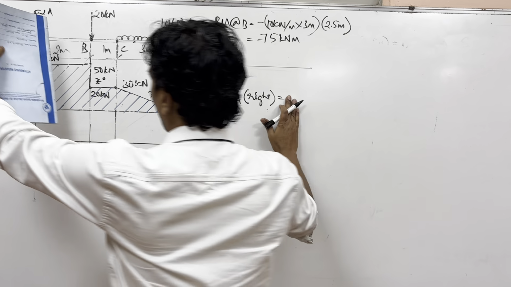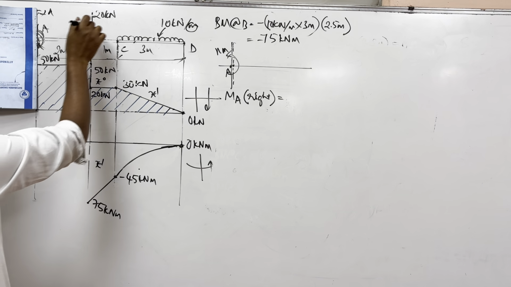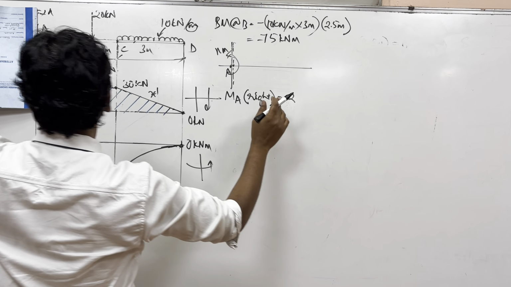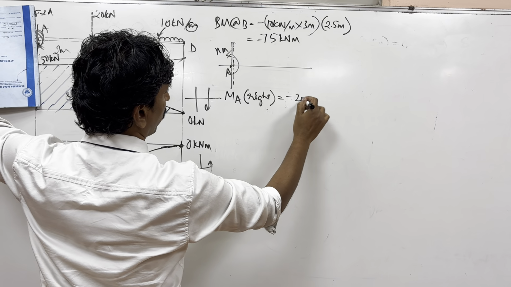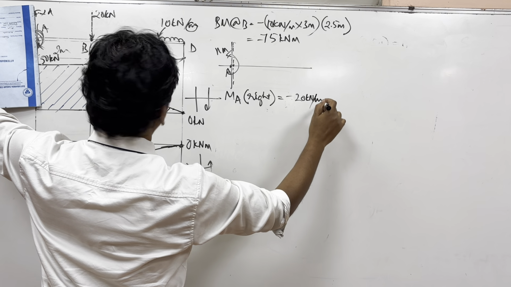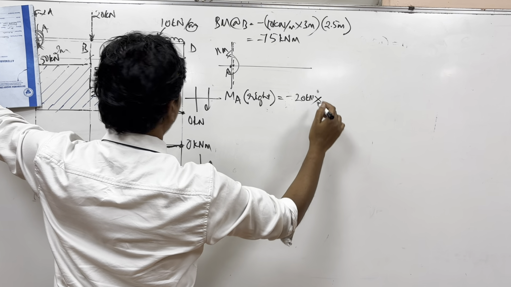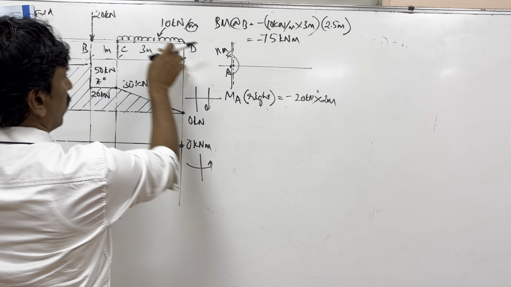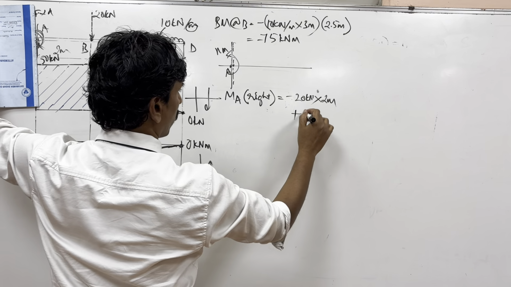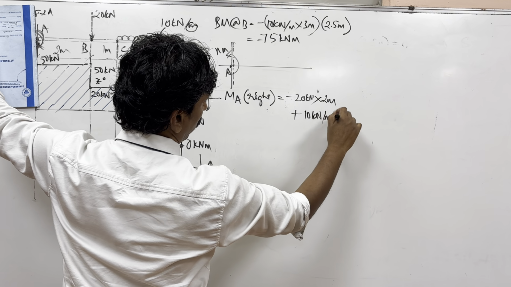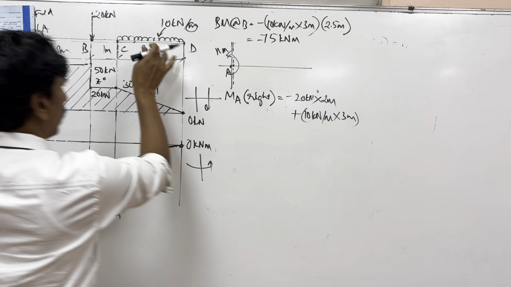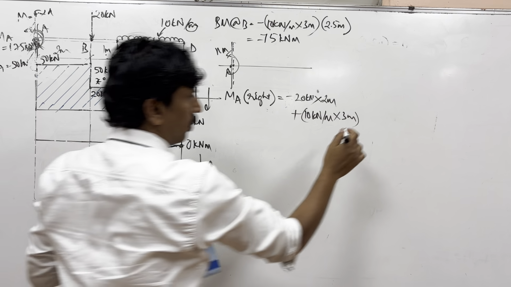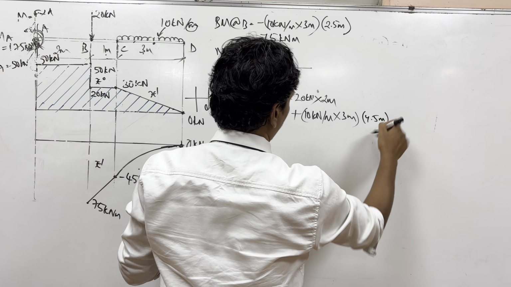If you want me to calculate again, I will do it. It is just onto A. It is minus 20 kilonewton multiplied by the distance, 2 meters. And then this UDL, 10 kilonewton for every meter over 3 meters, acting at a distance of 2 plus 1.5, which is 3.5... sorry, 4.5 meters.